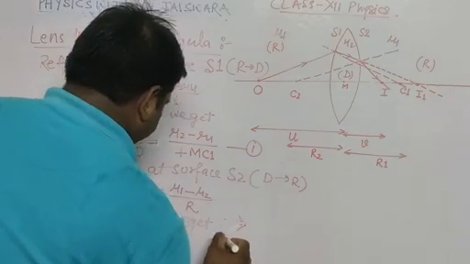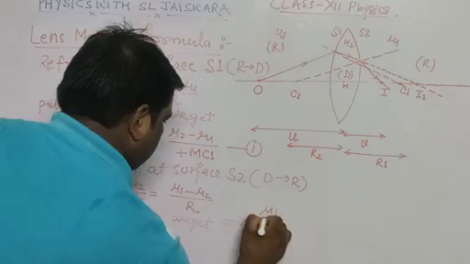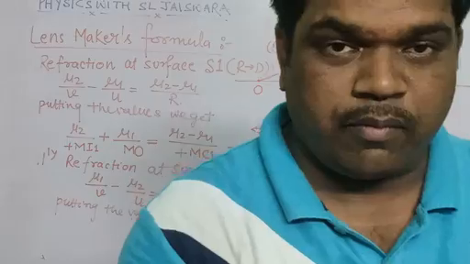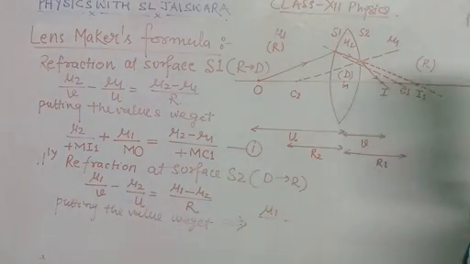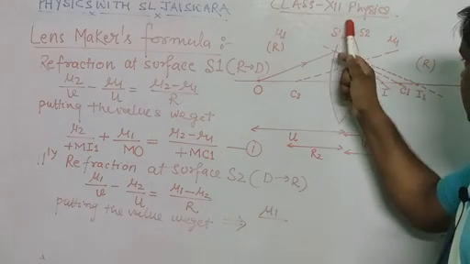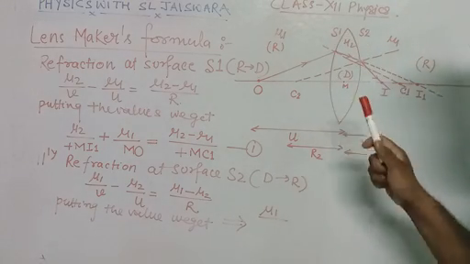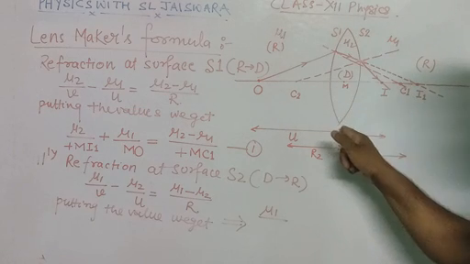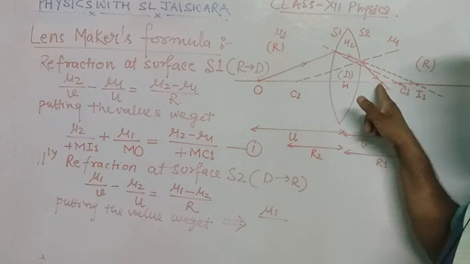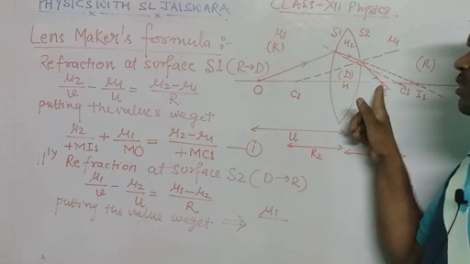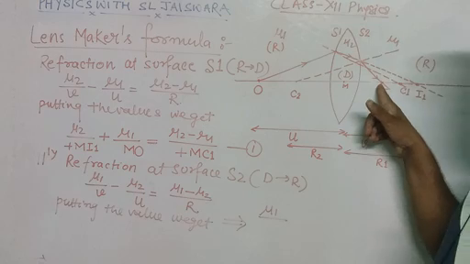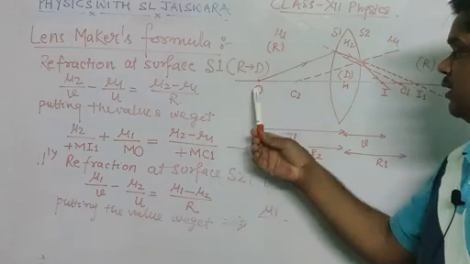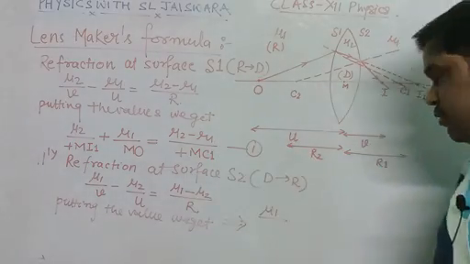See, mu1 upon V. Now this is a very important thing that you are supposed to always remember. See, for the second surface, that is for surface S2, where is the object? See, this surface S2 makes the image at I. This will be the real image. For this image, where will the object be? Either this or somewhere else. Very good.